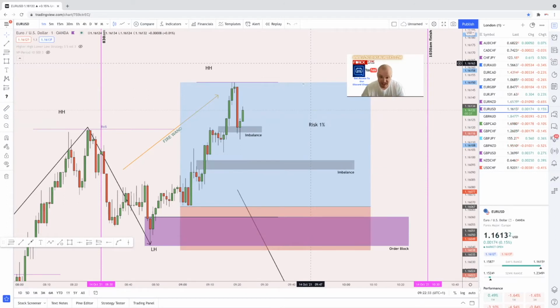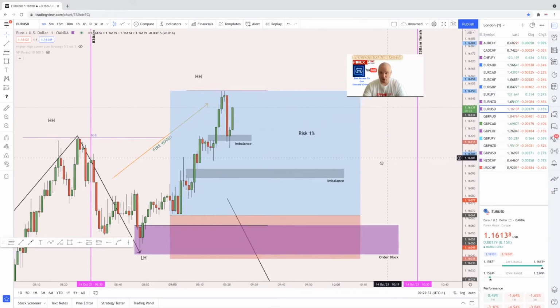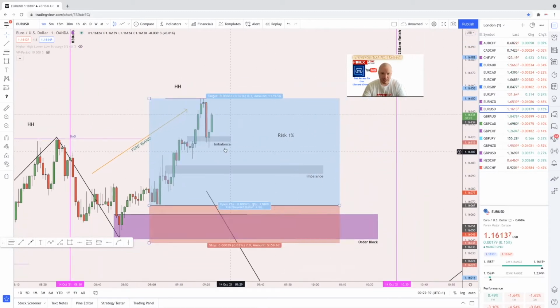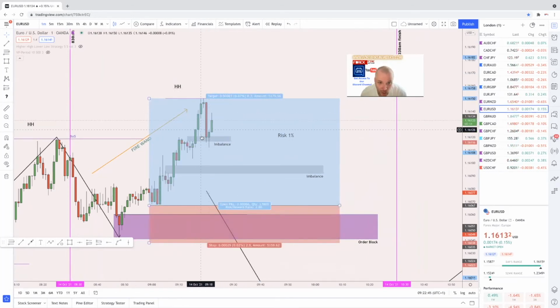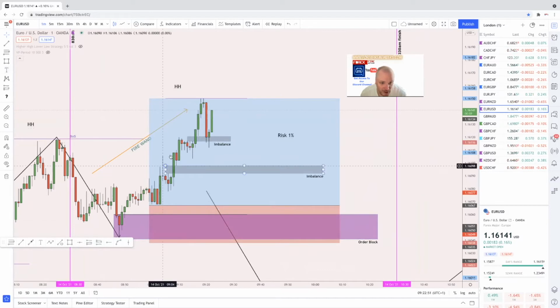So really, significance-wise, this does not hold any substantial sort of weight. So we might get another drive out of this higher high, if that makes sense, leaving more imbalances between these higher candles.